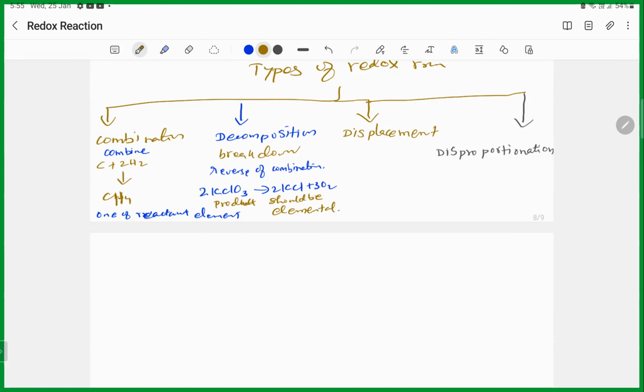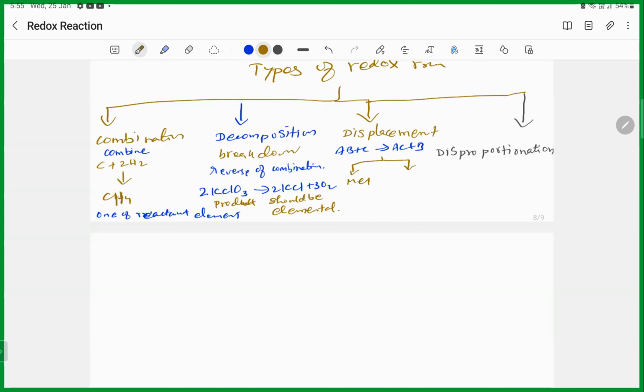And then displacement reaction. The displacement reaction is one in which an atom or ion in a compound is replaced by another atom or ion. Simply we can write the equation AB plus C gives AC plus B. It will be of two types: metal displacement and non-metal displacement.